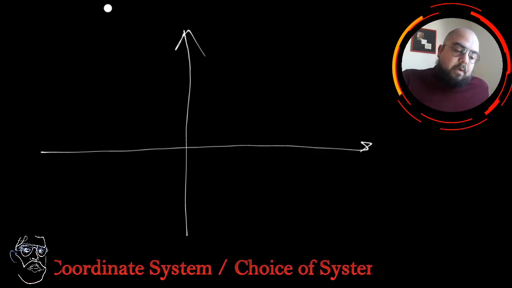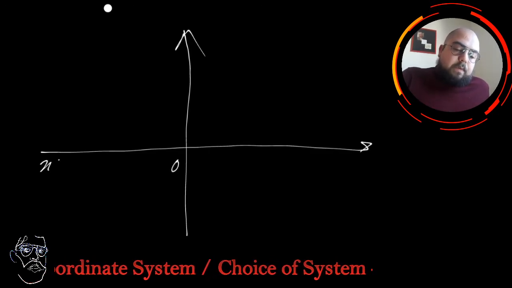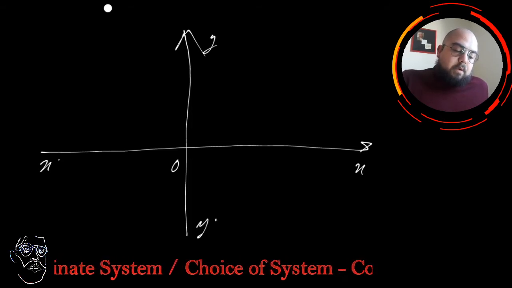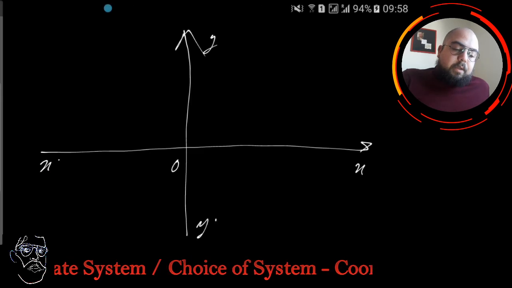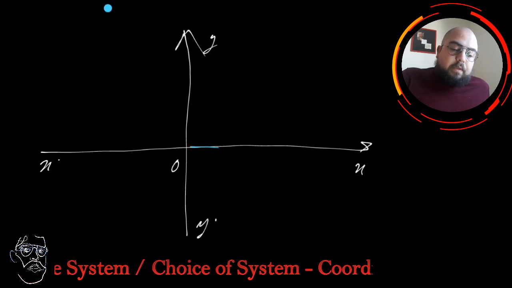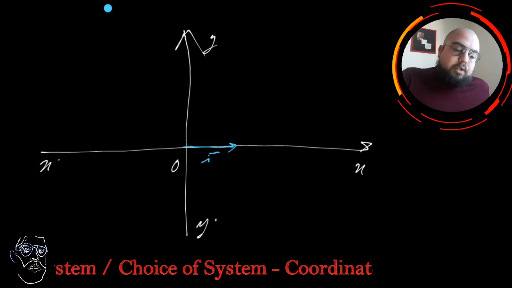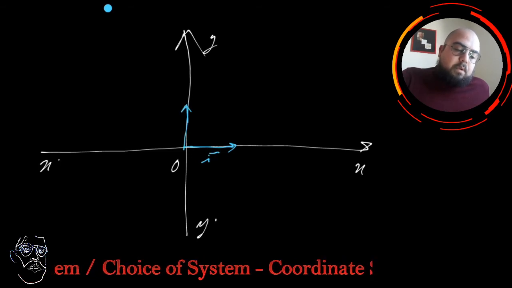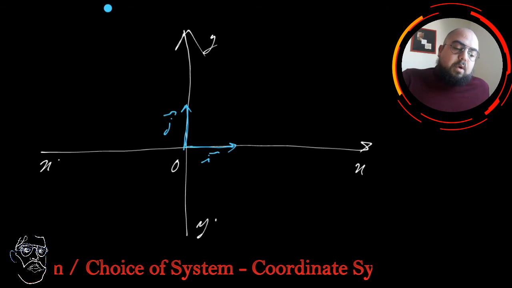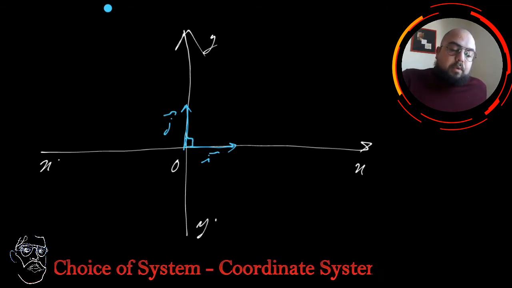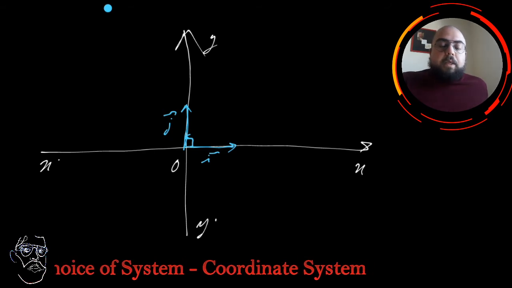Again, I'm gonna remind you, this is the axis of abscissa, x prime or x, y prime or y. It is defined by the two unit vectors I and j, and of course I and j have the same unit, which is 1. The angle between them is pi over 2, which is of course 90 degrees.